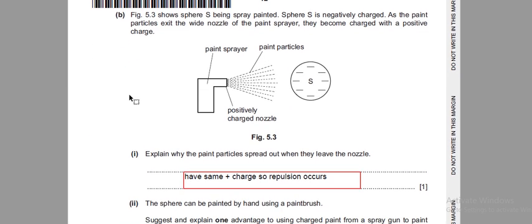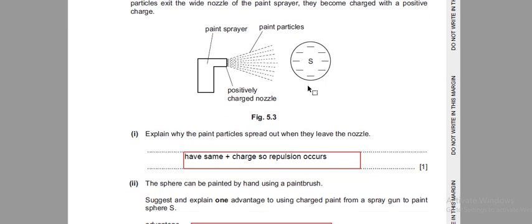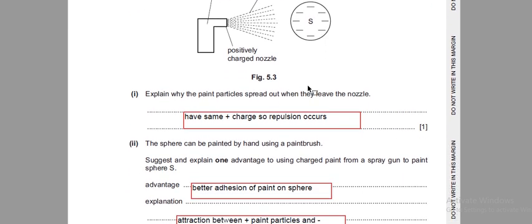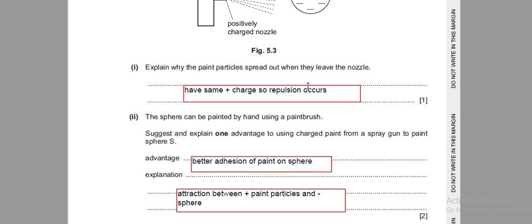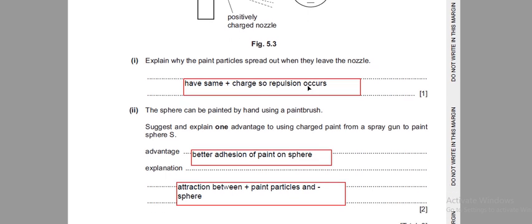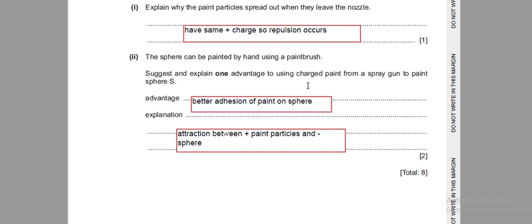Here is a paint sprayer that has a positively charged nozzle, and the paint particles are certainly positive, and we will paint this negatively charged sphere. Explain why particles spread out from the nozzle: because they have the same positive charge, so repulsion occurs.